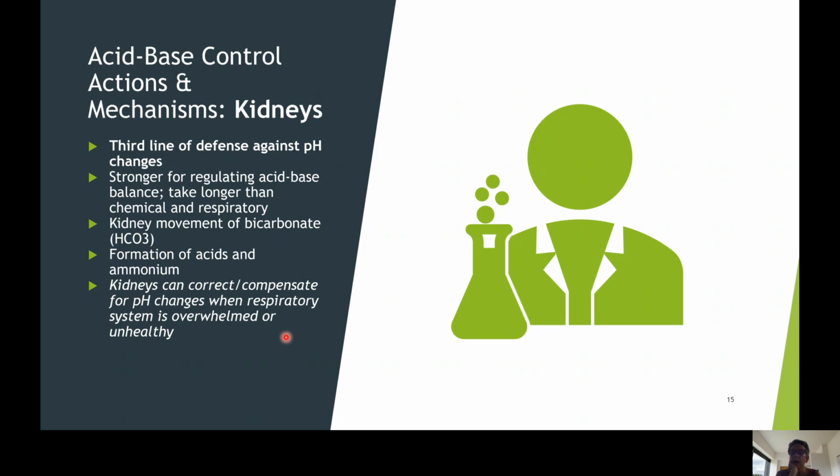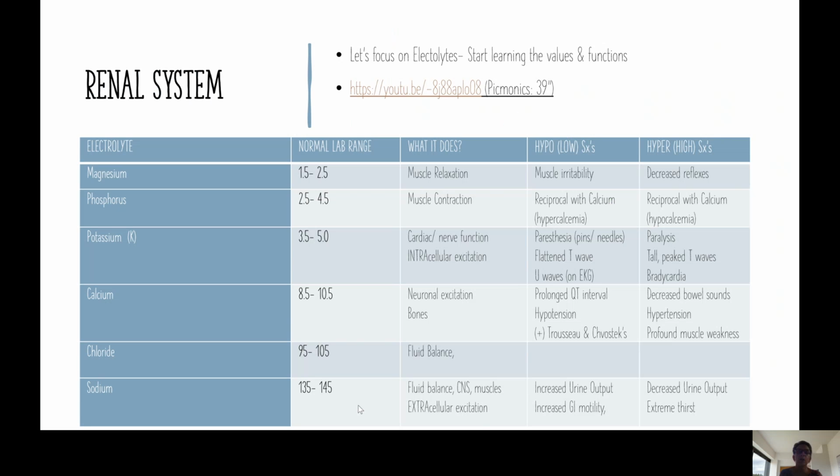If they don't have enough hydrogen ions, they're alkalotic. And then, of course, the lungs will hypoventilate, slowing down their respiratory rate and depth to retain CO2, or will hyperventilate to blow off CO2. So as I mentioned, the body's always working together. Well, on a good day, right?